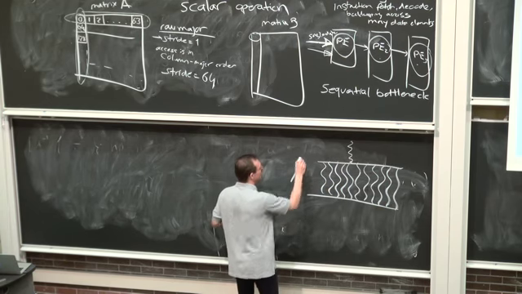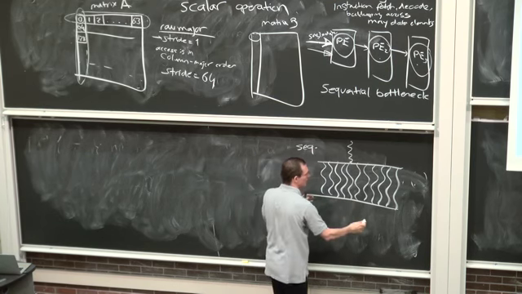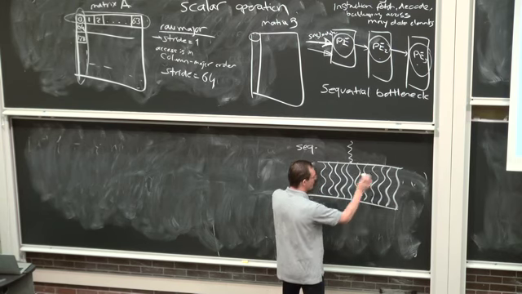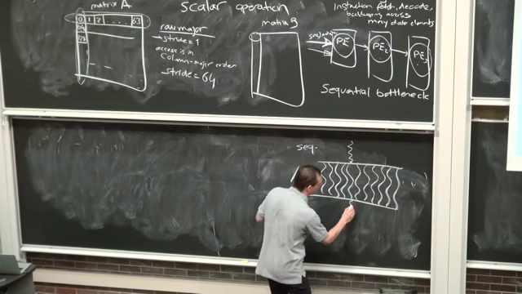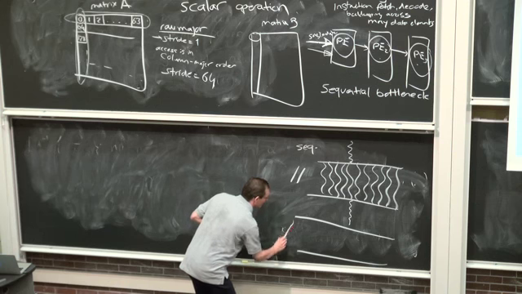So this is parallel, this is sequential. And then you operate on many things. Let's say you finish the matrix multiplication, and then you have a sequential portion of your code again. And then you go into parallel code afterwards.